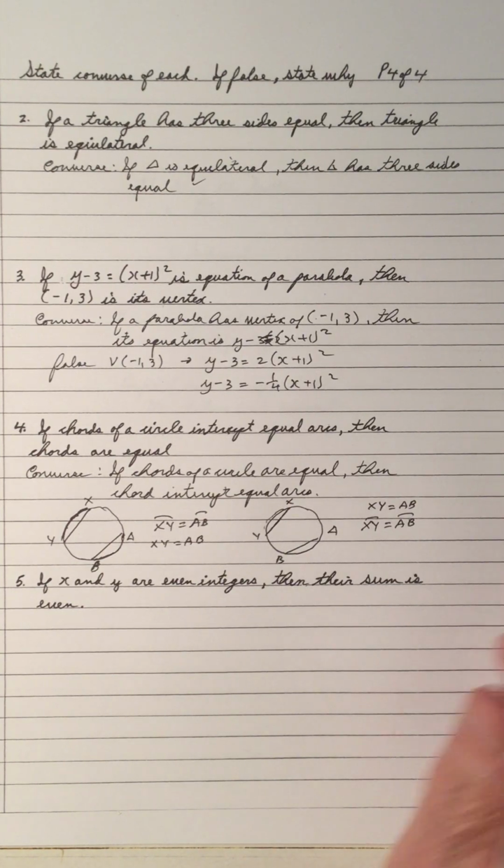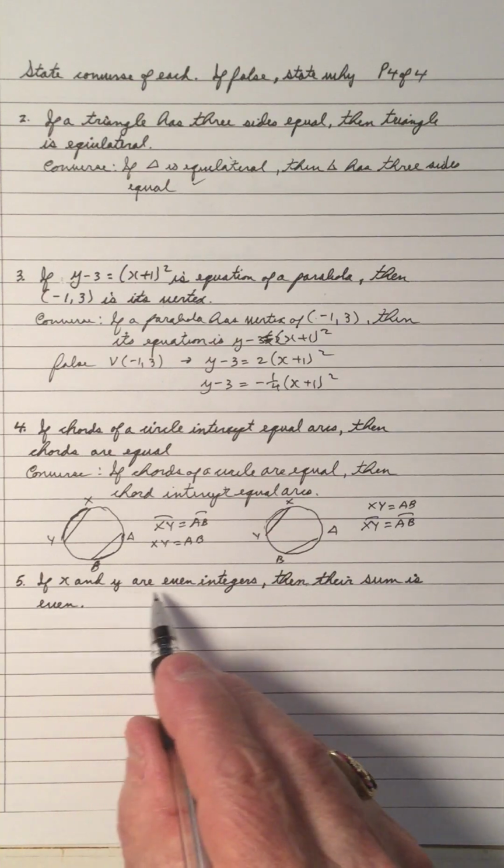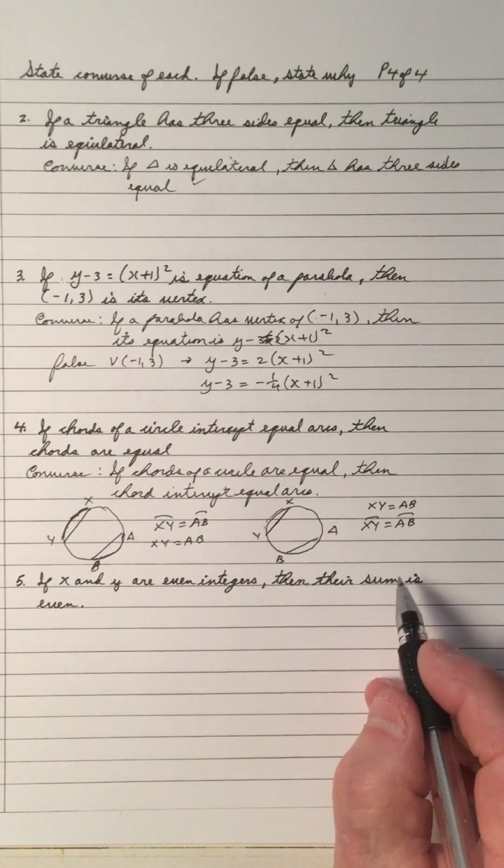Number 5, if x and y are even integers, then their sum is even.